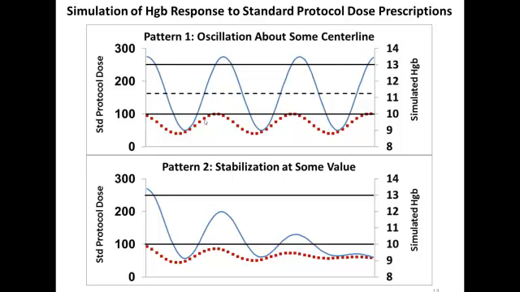You see the ESA dose varying, and after a delay, here we're increasing the dose, and the dose is going up, and so on. So one pattern we saw was oscillation about some center line. The other pattern we saw was that sometimes the standard protocol could actually stabilize a patient's hemoglobin value. Unfortunately, you couldn't control the level at which the hemoglobin was stabilized.